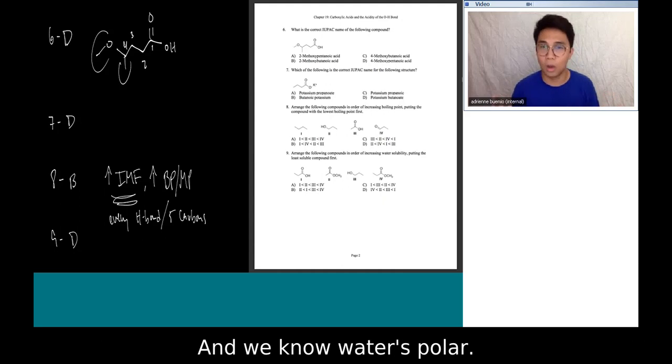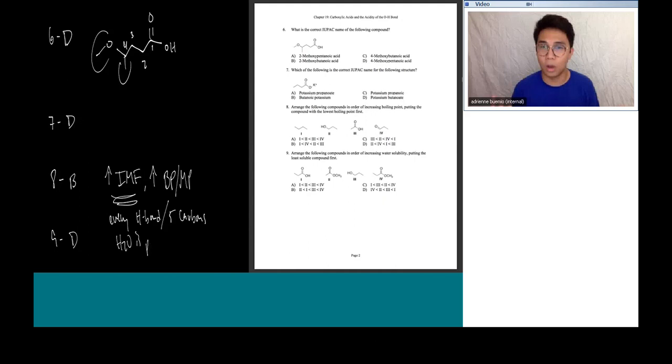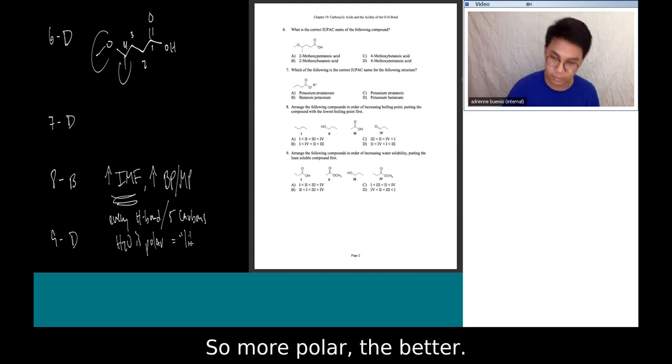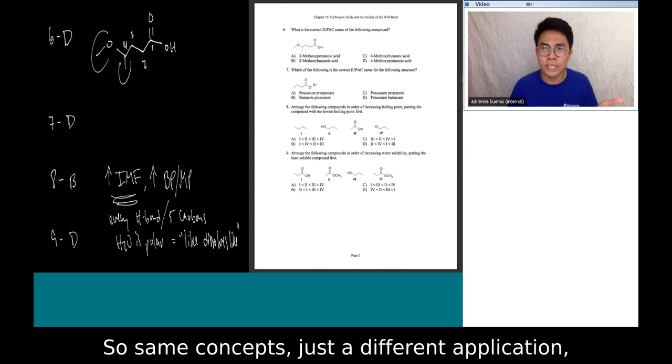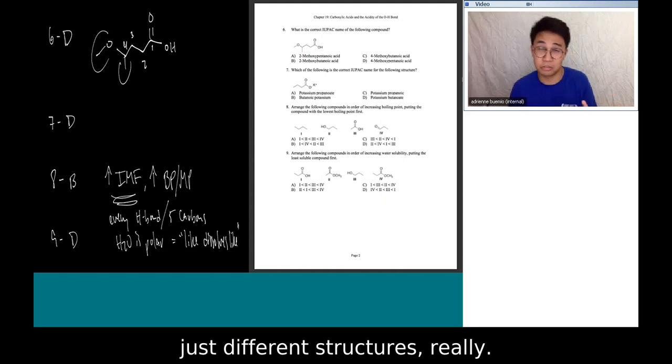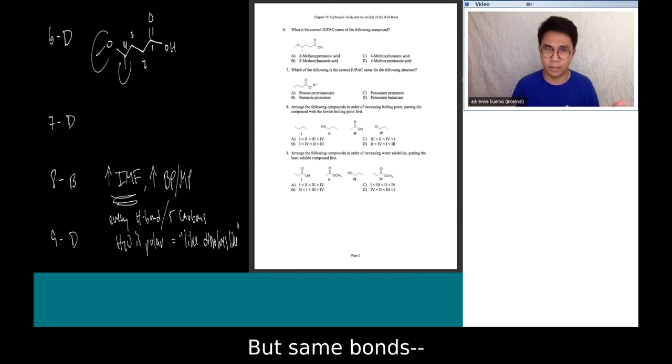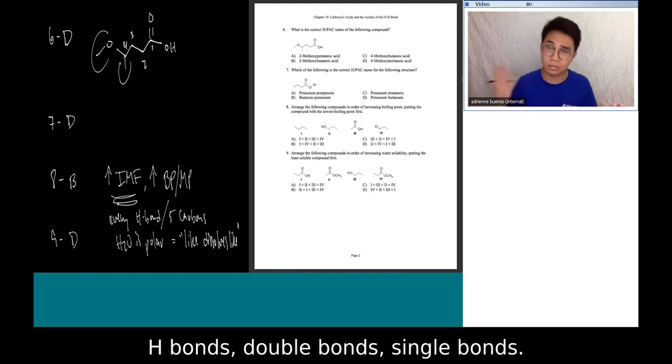We know water is polar, H2O is polar, and like dissolves like. So the more polar, the better. Same concepts, just a different application, just different structures, really. But same bonds: H bonds, double bonds, single bonds.